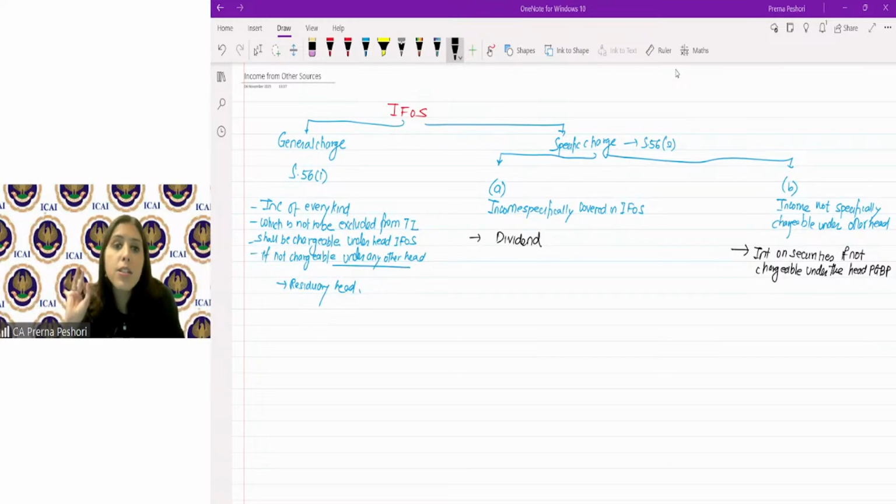And therefore, this will be income from other sources. What about interest on advances to the contractors during the course of construction?